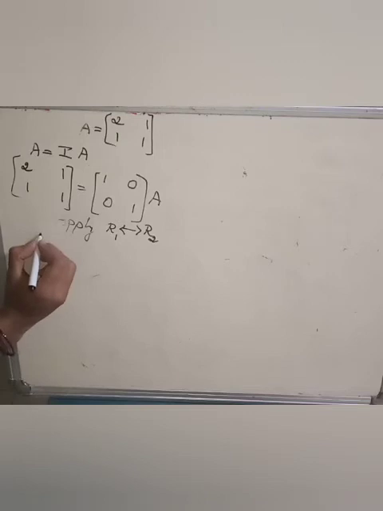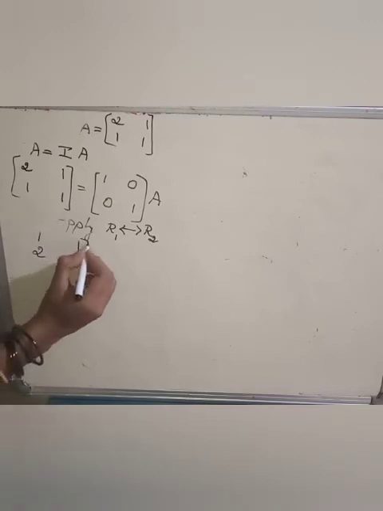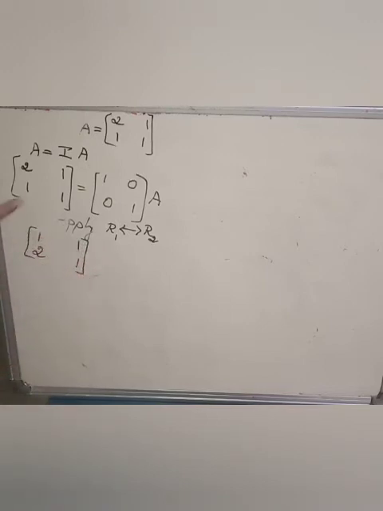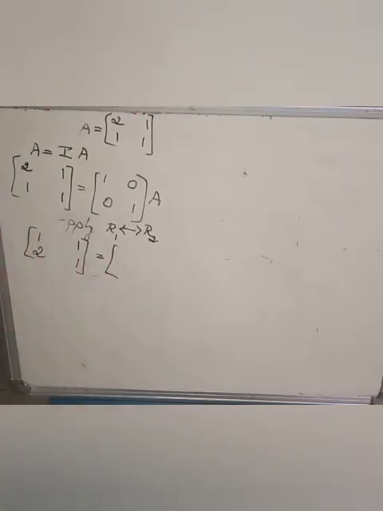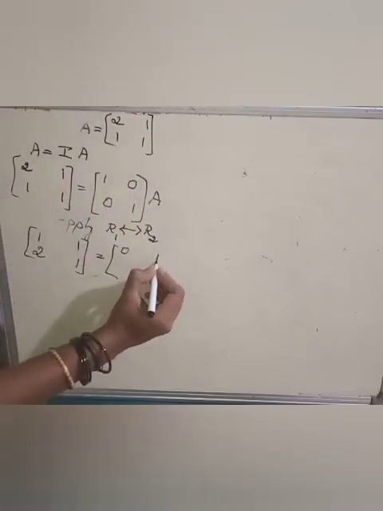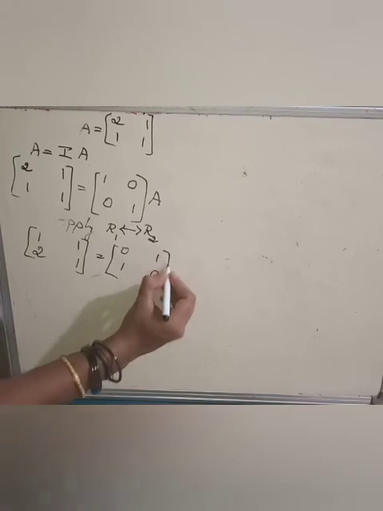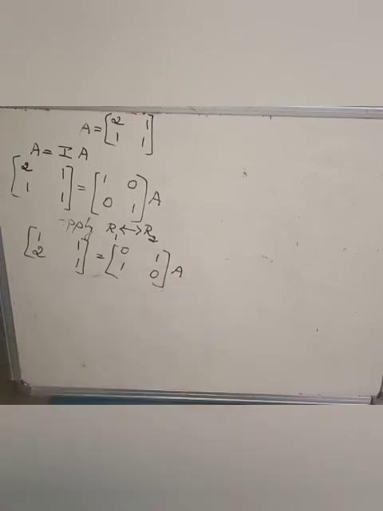That is, I'll write the second row as the first row and the first row as the second row: [1, 1; 2, 1]. You have to apply the same elementary operation to the right side also: [0, 1; 1, 0] into A.